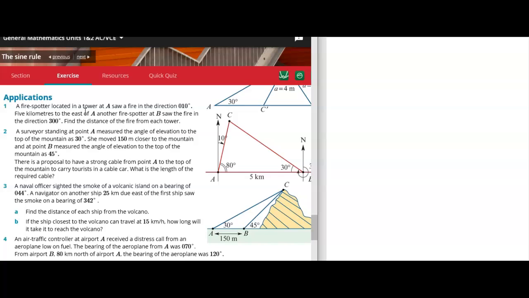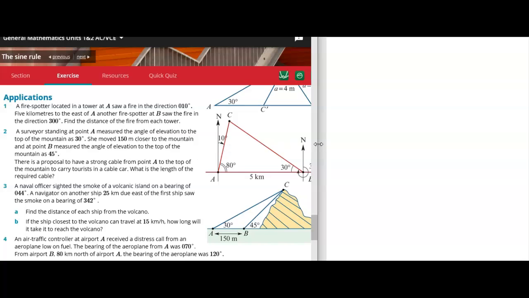Okay, so question 1 or 16 from your textbook. A fire spotter located in a tower at A saw a fire in the direction 10 degrees. Okay, so that's your bearing. And you can see here's a diagram.